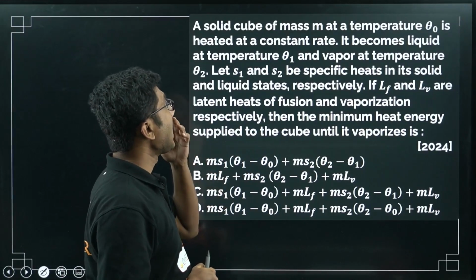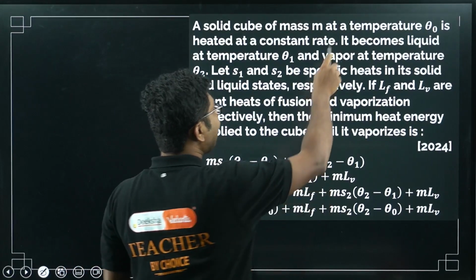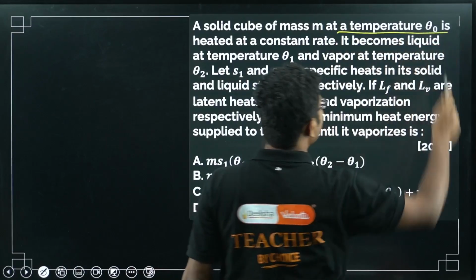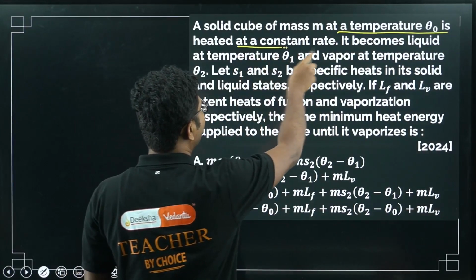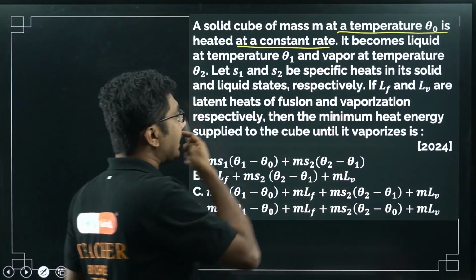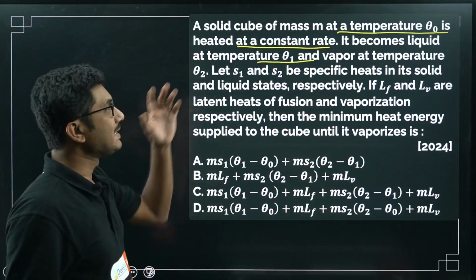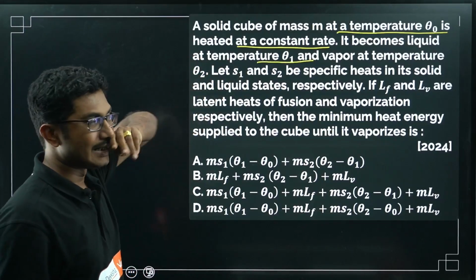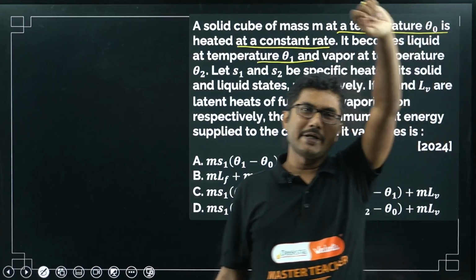What is the question? A solid cube of mass m at a temperature of theta naught is heated at a constant rate. It becomes liquid at a temperature theta 1. Basically, suppose you have a piece of ice at minus 15 degrees Celsius.